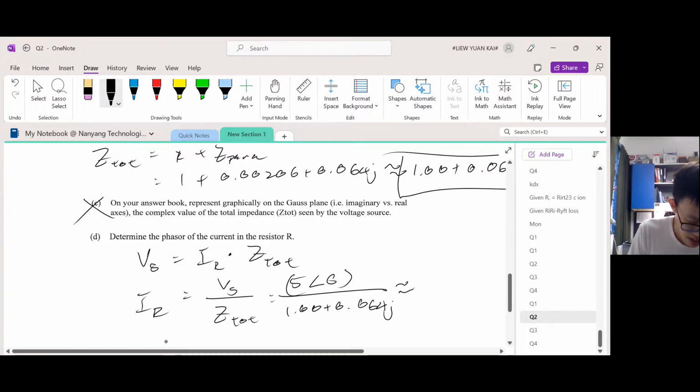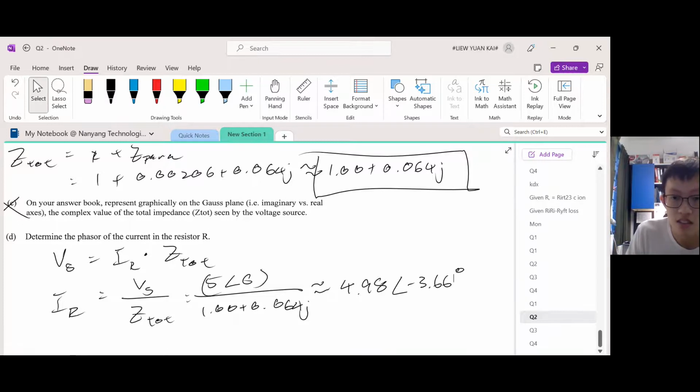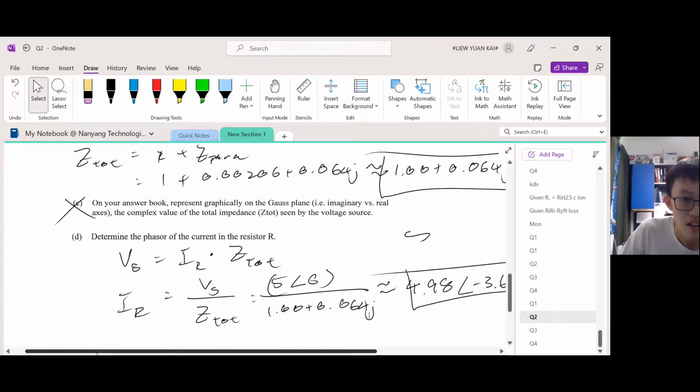So 5 at an angle of 0 divided by the Z total, but I want to change it to polar form. So in the end, I will get 4.98 at an angle of negative 3.66 degrees. Okay, so this is your phasor of I.